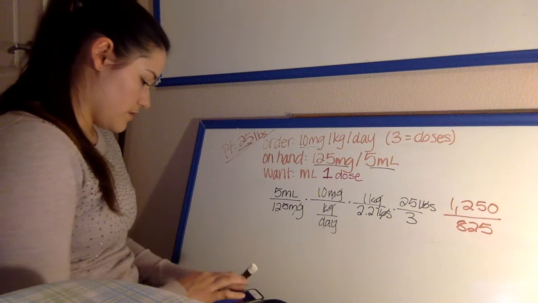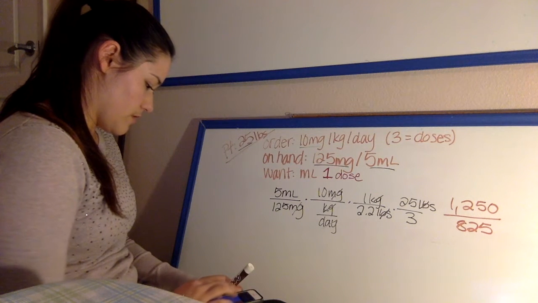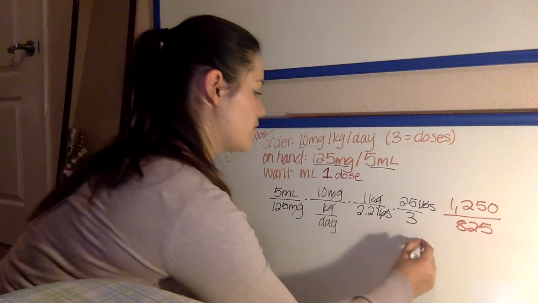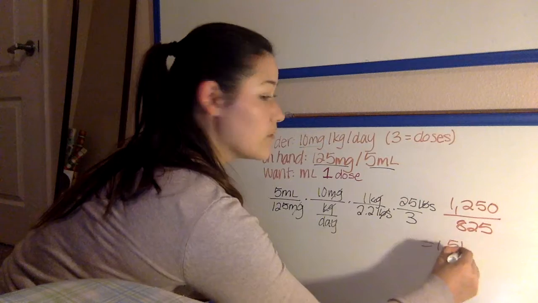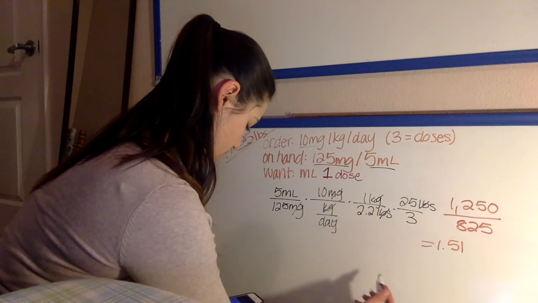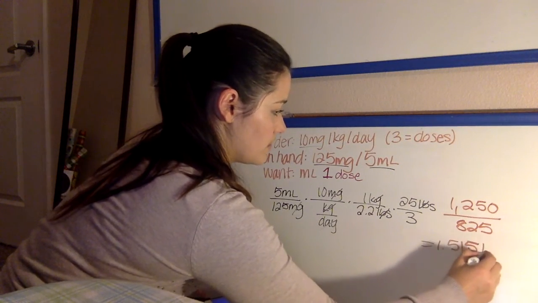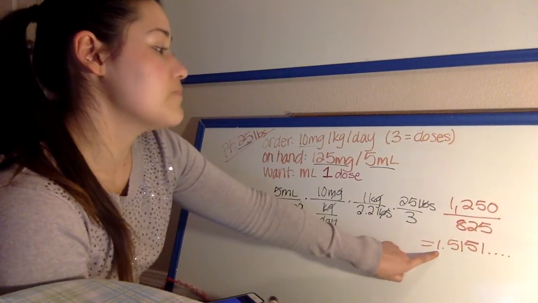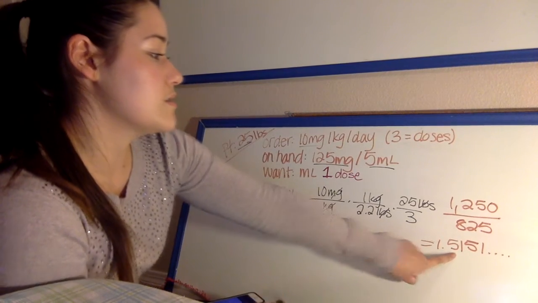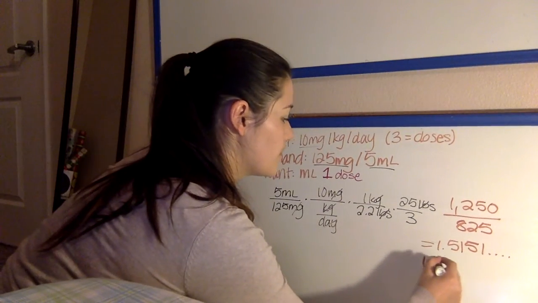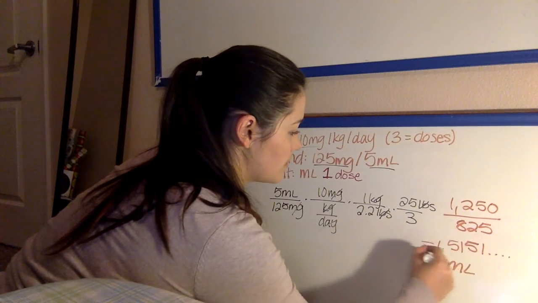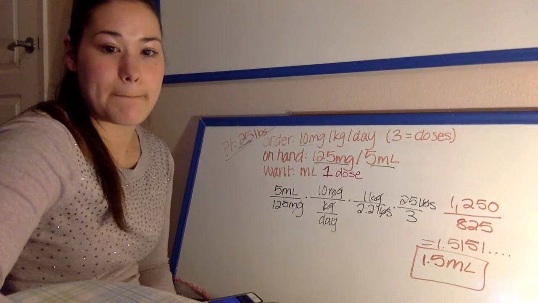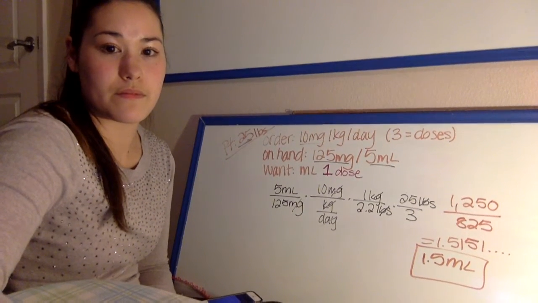Okay, so my 1,250 divided by my 825 equals 1.51, etc. So again, this is milliliters. This is more than 1 milliliter, so we only need to round to the tenths. So this is going to equal 1.5 milliliters. Okay? Easy peasy.